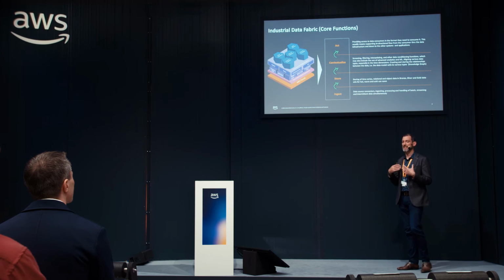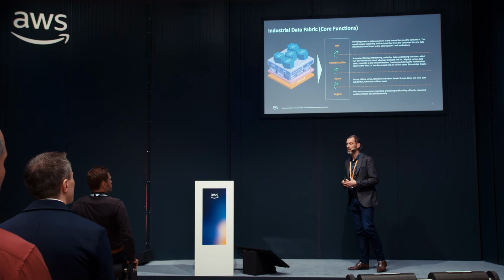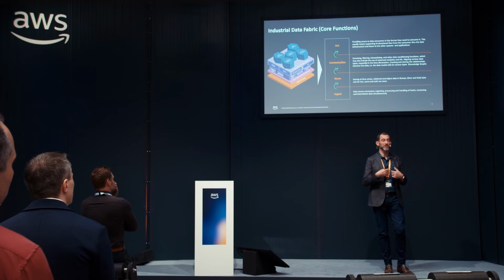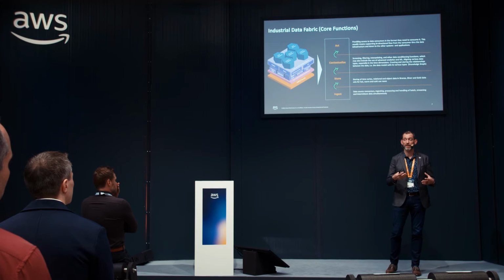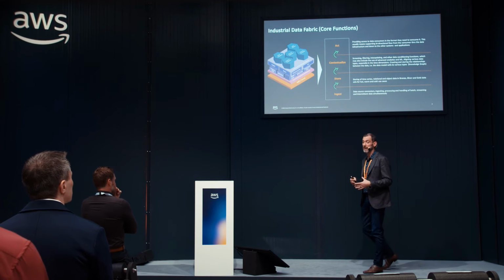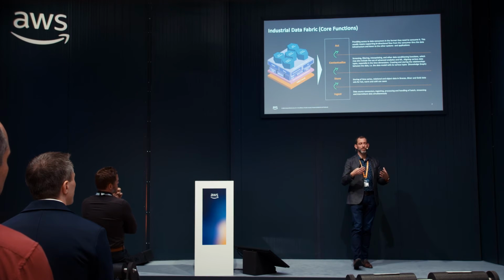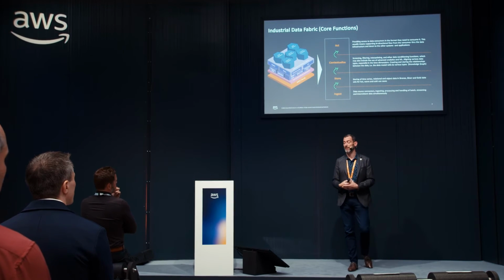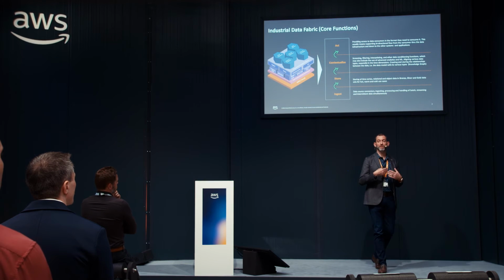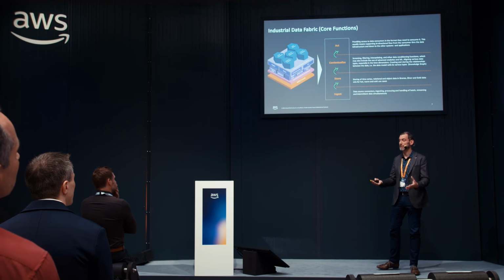So you need to be able to get access to that data, but you need to address all the different personas. Your developers, your application builders want to be able to access that data via an API. Your business users are probably going to want to have dashboards or business warehouses to access that data. Also, when you're doing predictive maintenance, I'll use the same example, you don't want the machine learning model to generate a JSON file that tells you that machine's going to break and sit in an S3 bucket.